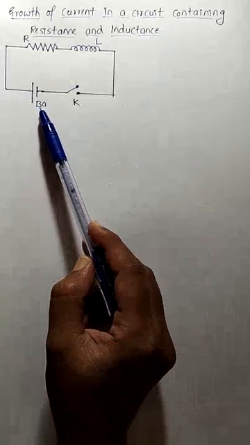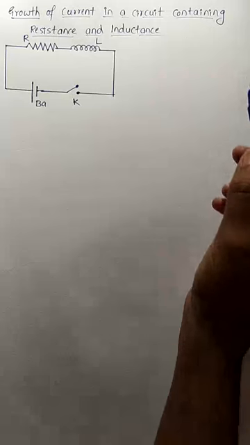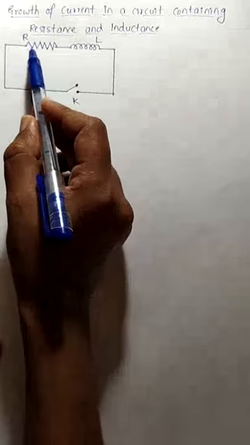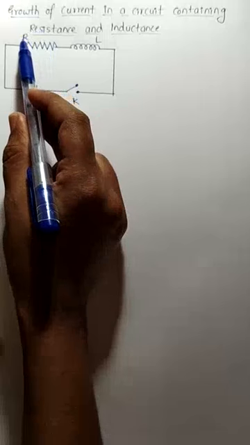As you know, the battery will give the EMF, and this is the plug key to start and to switch off the electrical circuit. So let's go into it. When current is flowing in a resistor, it is opposing the flow of the current.